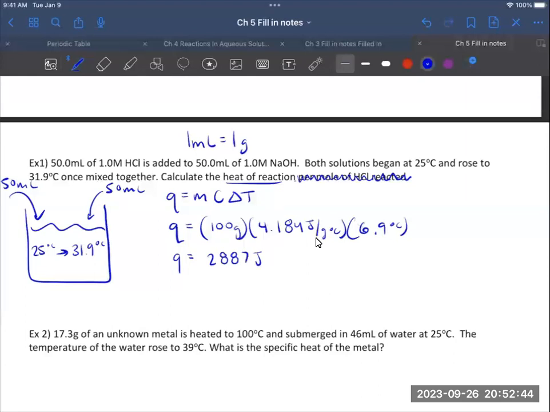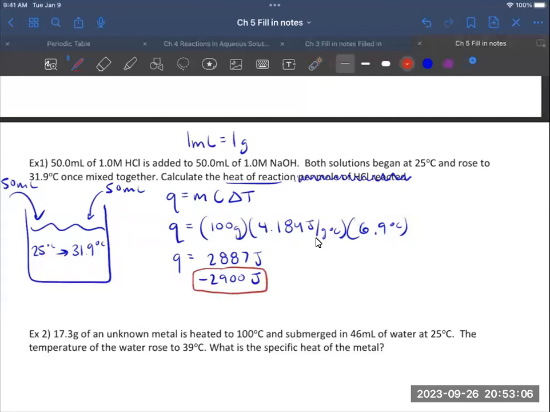So this is going to be 2,900 joules. Now, here's the deal. This is the important part. Do you guys notice that the temperature of the water rose, which means heat was absorbed by the water, which means the reaction itself released heat. So this is going to be an exothermic reaction.